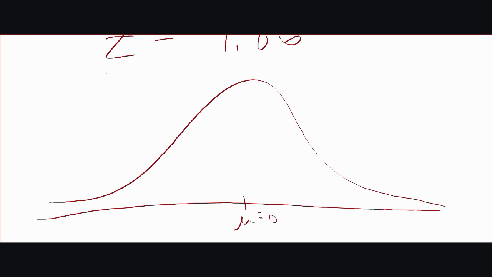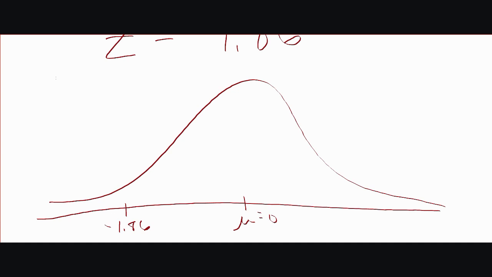The z-score that we have is basically the value on the x-axis, or on this bottom line of our standard normal table. So I had a negative 1.86 here. So it's to the left of the mean. And what I want to know is, what percentage of the bell curve is above and to the left of negative 1.86?